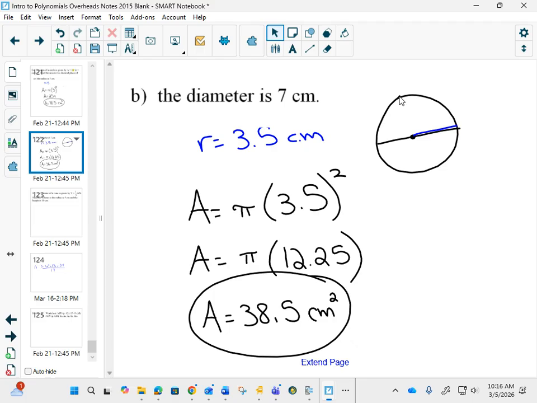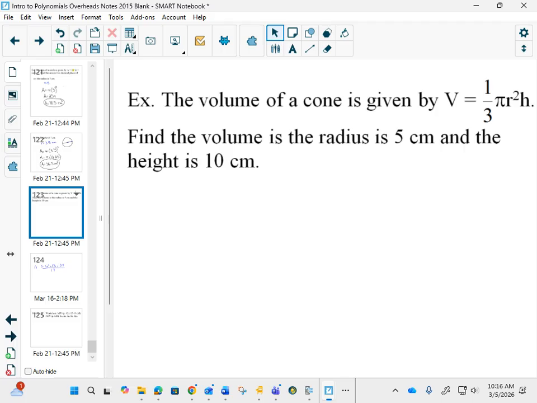We just have to finish the last example here. Add it to our notes. The volume of a cone is given by this formula. Oh my goodness, the formula has two variables. So, what do we know? We know the radius is 5. We know the height is 10.